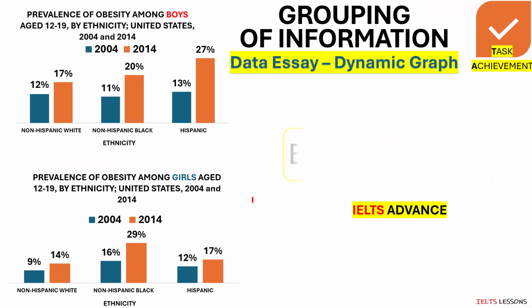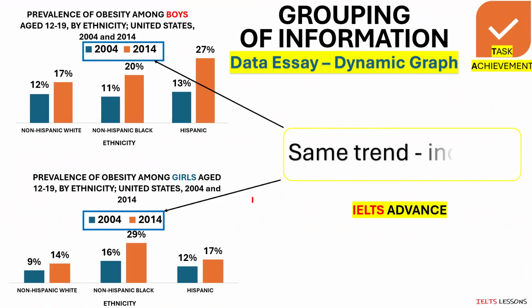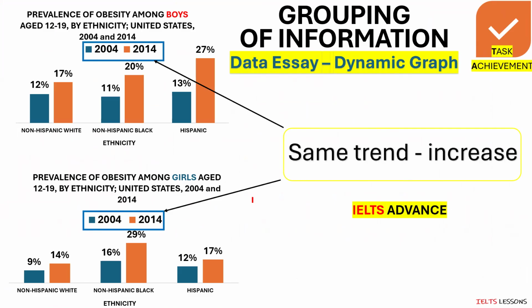All right. So, however, when we upgrade our skill in grouping the information, we shouldn't group them top to bottom. Instead, just like what we have learned a while ago, we have to identify the same trend, same trend or same pattern.